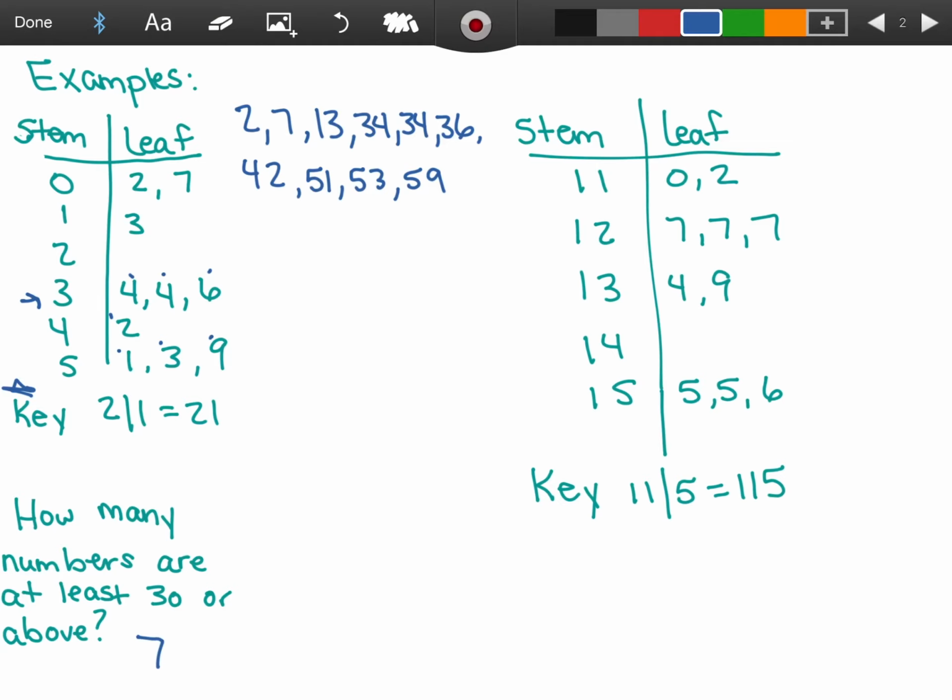Now let's look at the stem and leaf plot on the right. I'm not going to list out the numbers this time, but I'm going to get you to look at the key. This time they've got 2 numbers under the stem and 1 place value on the leaf. So if there are 2 numbers under the stem, that means your place value isn't just tens this time.